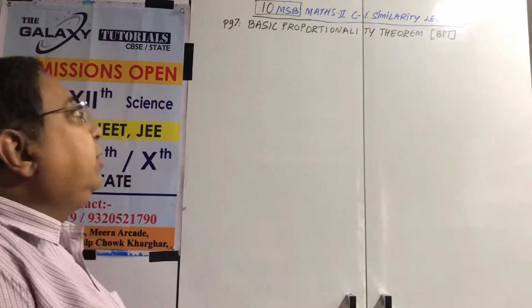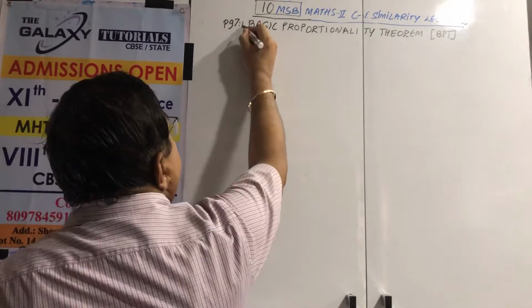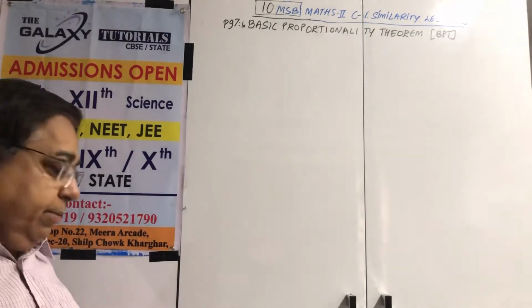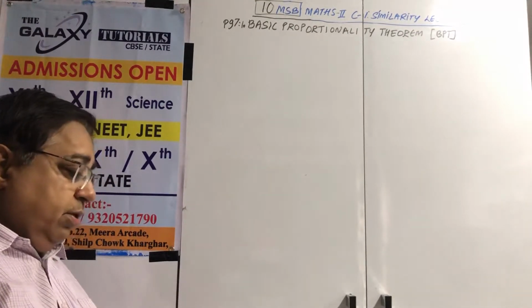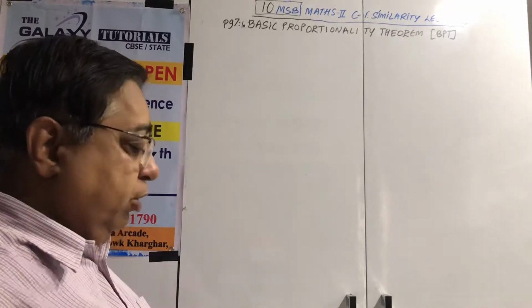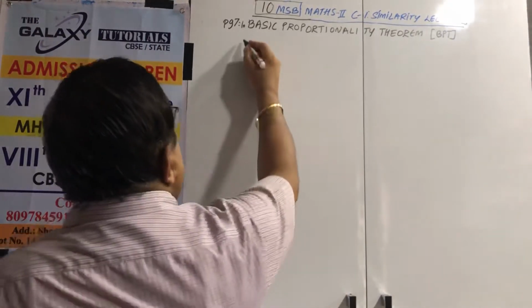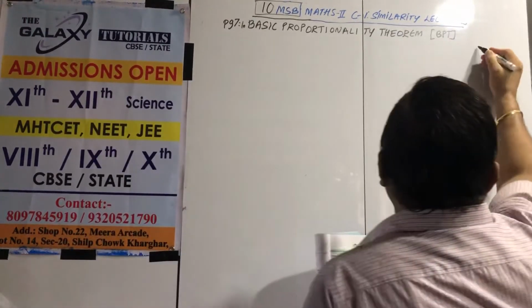What does this theorem say? So we start with the theorems. First theorem of the chapter, basic proportionality theorem. The theorem says, if a line is parallel to a side of a triangle. So I have a triangle. We'll do rough work here first.